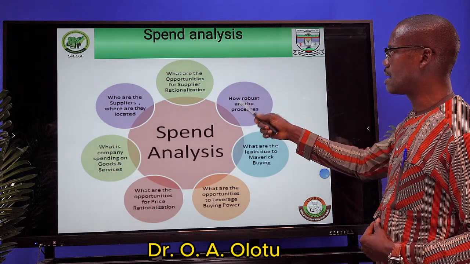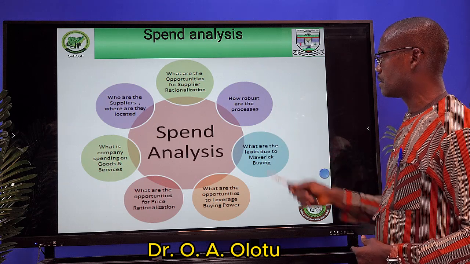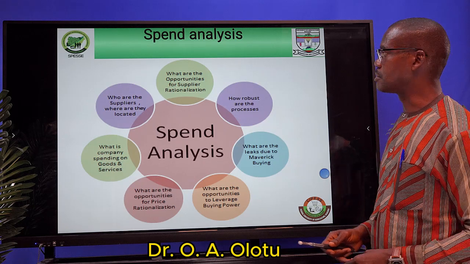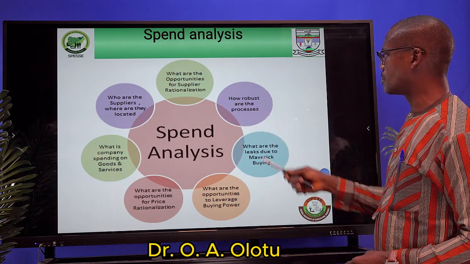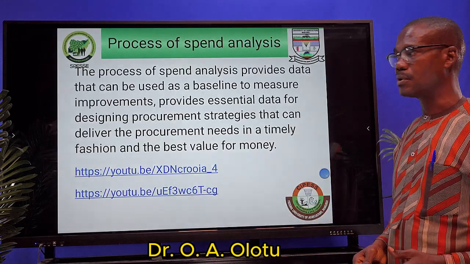So you take a critical look at these figures on spend analysis. I'm sure by the time you go through it, you'll have a better understanding of how robust the processes are and all the likes, so that you have a good understanding of spend analysis.